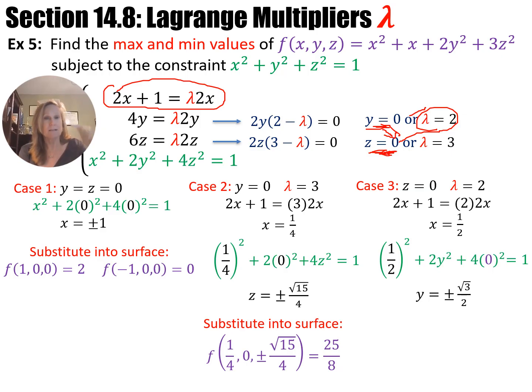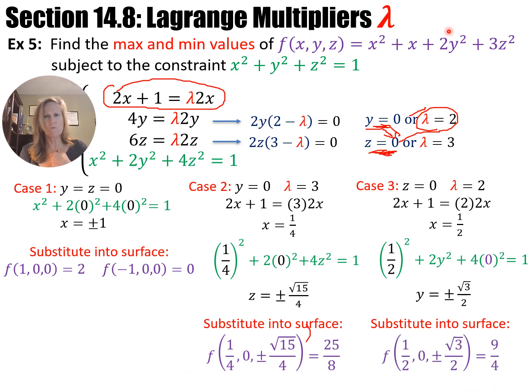So I went back to the same equation with only x in it, and because I have a z and I have a lambda, in that case, I put lambda is 2 right there. This time I got x is equal to a half. So I put a half in my constraint equation for x. I put 0 for z and solve for y. Substituted that into the surface.